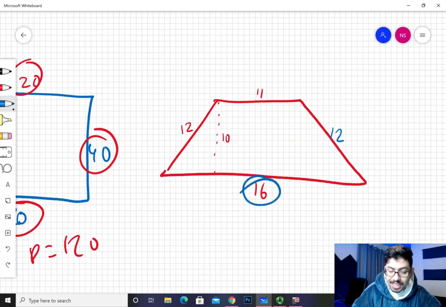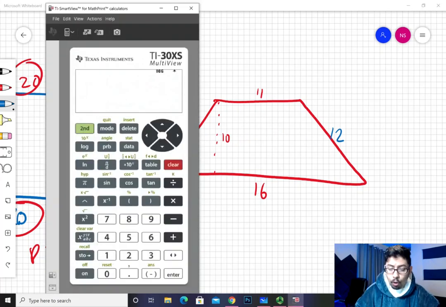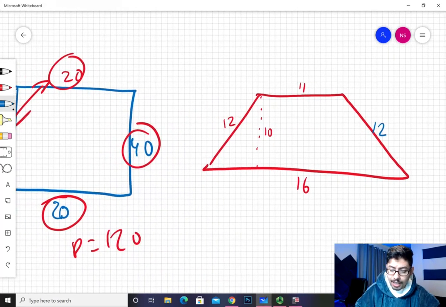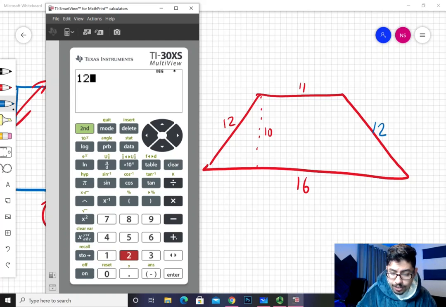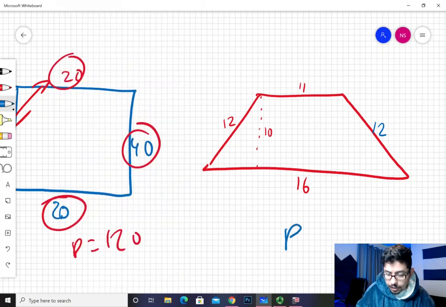And then plus your 16, and that would give you your perimeter. What would that be? All you got to do is, again, use your fingers. Try to do it by hand, or your trusty little calculator. Do not ever hesitate to whip out that calculator and let the calculator do the math for you.